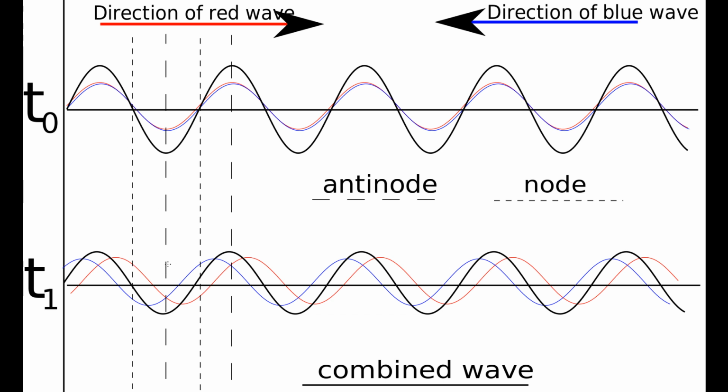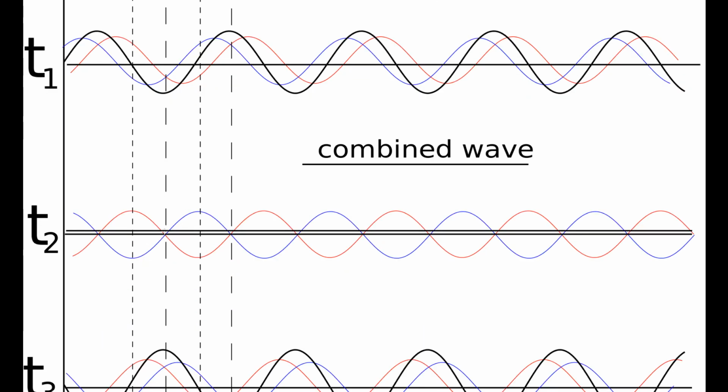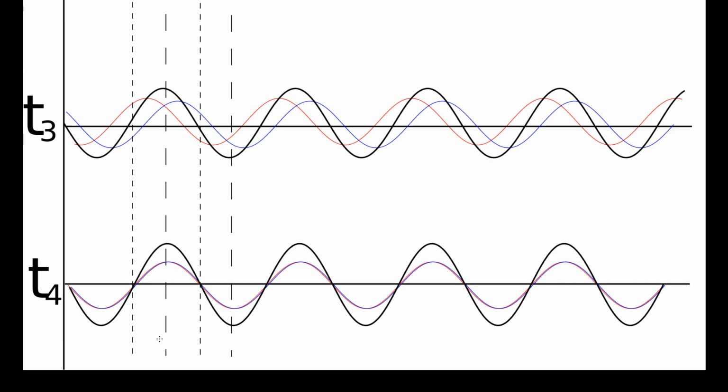At these peaks, this is called an antinode, so this is the opposite. Here we have the maximum displacement at any given time. So at this point, this is the maximum displacement of this wave. Here there's maximum displacement of this wave, which is 0, and so on and so forth.